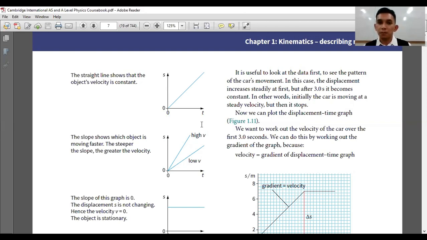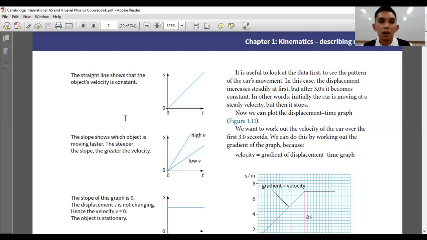Why am I telling you this? Because in A-level questions, there are many questions about graphs. You need to look at the graph carefully. The first thing that you need to see from the graph is the components of the graph.